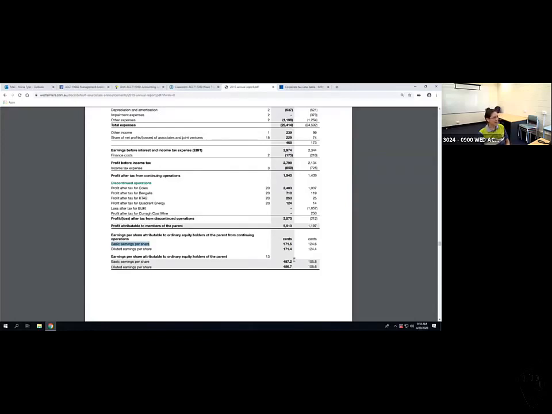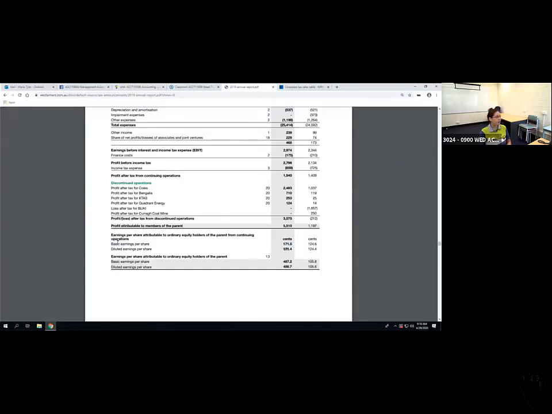So you can see if your company's shares don't really carry that many rights or options or warrants to create new shares in the future, you might get a scenario like Wesfarmers where the basic earnings per share and the diluted earnings per share is almost the same. But if your company has a lot of shares which actually do have a lot of options to create more shares in the future, then your diluted earnings per share will be a lot less than your basic earnings per share.